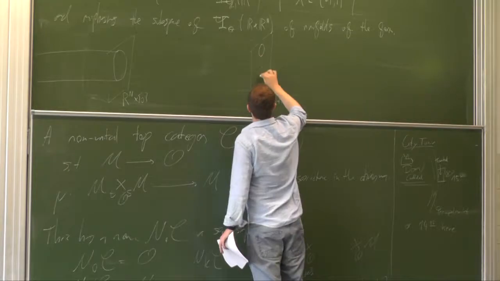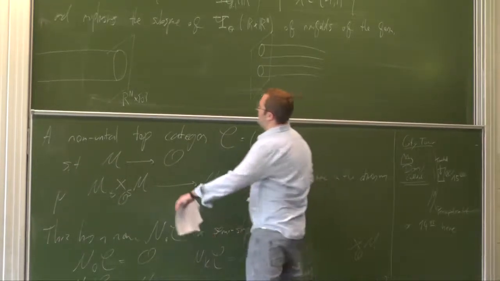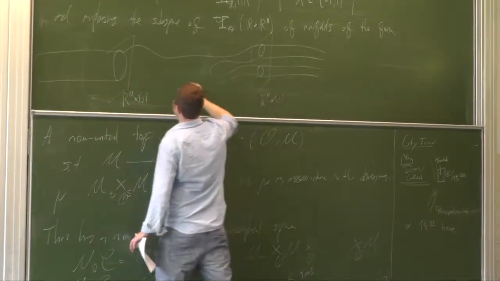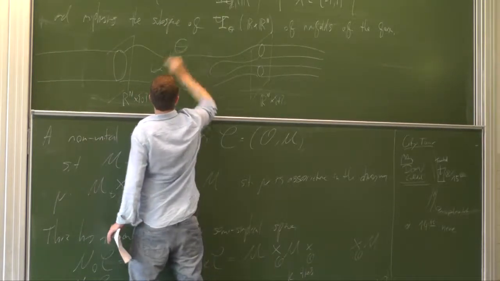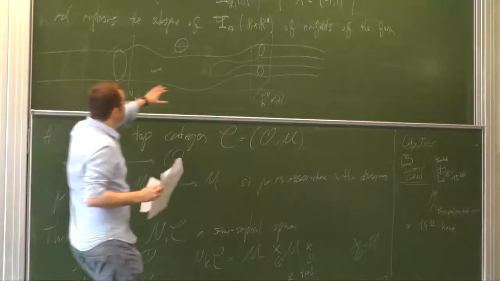And to the right of this, they're also just a product manifold. And in between there's something. Okay? So the things I've described here are all inside this space.